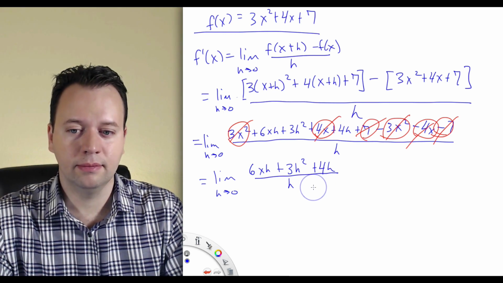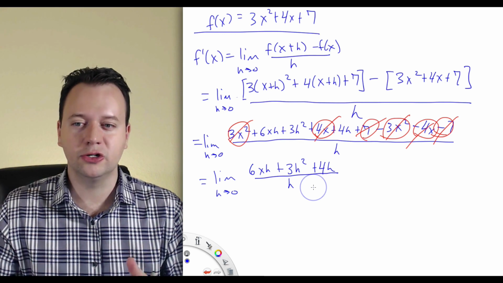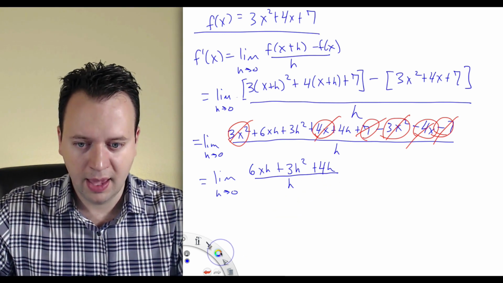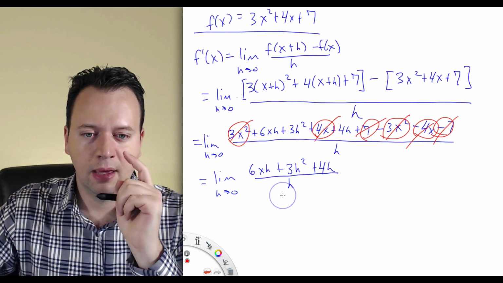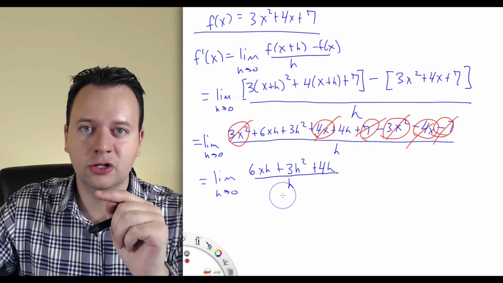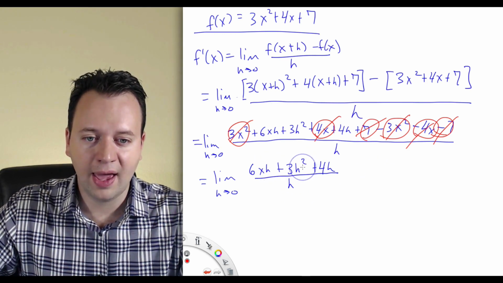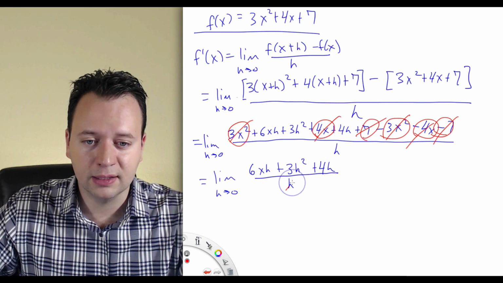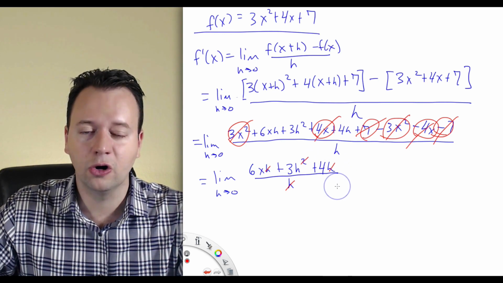And again, even though the h over h does change it, we're not interested in h is equal to 0, so I'll cancel out the h over h. When you do a cancellation like this, I have an h on the bottom, and there's a factor of h for every term in the numerator. So you can only cancel this if h cancels out of every single term in the numerator.